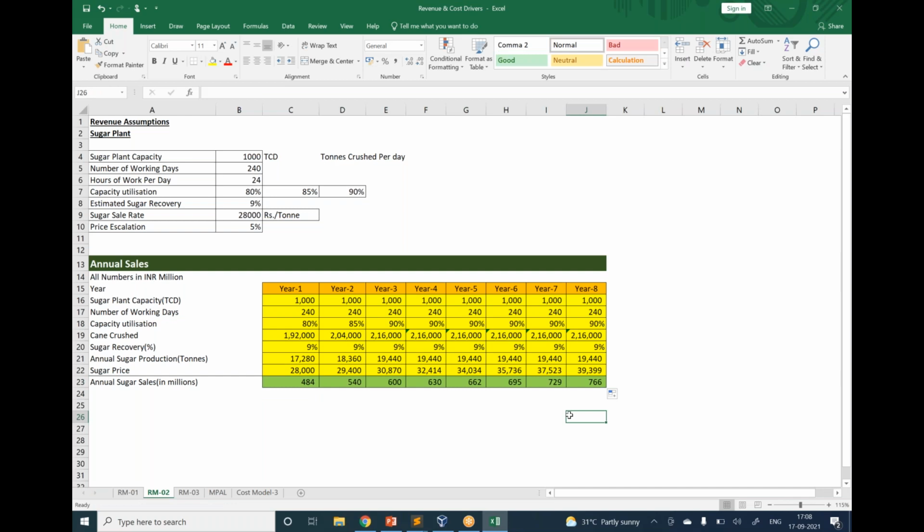Any doubts in this? Did you get the same answer, Nandini? Shweta, did you also get the same answer? Brinda? I got it, sir.